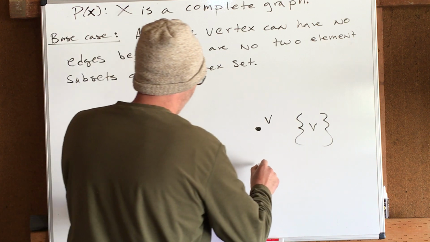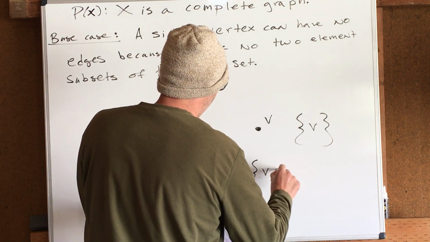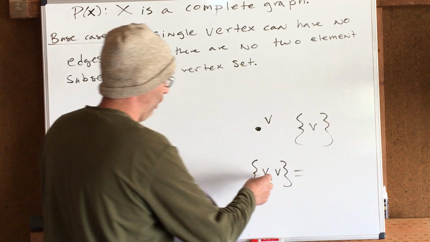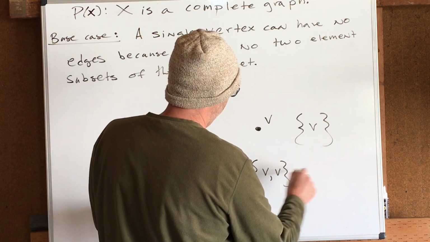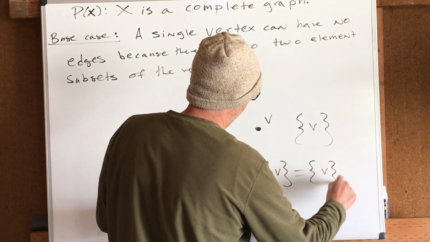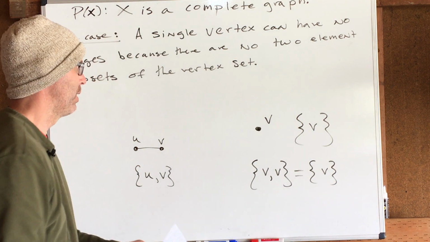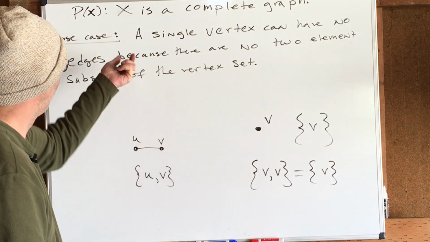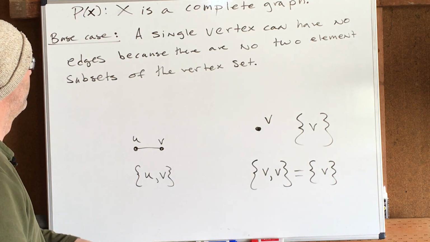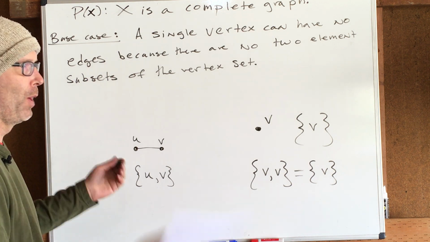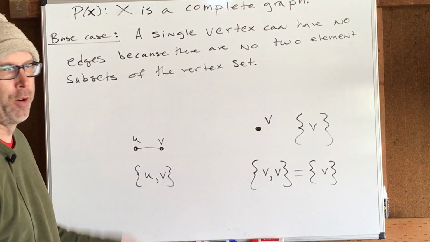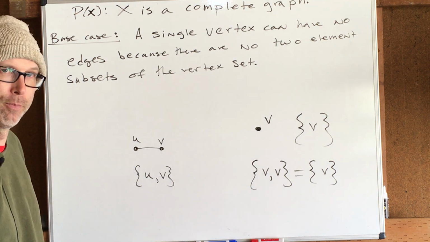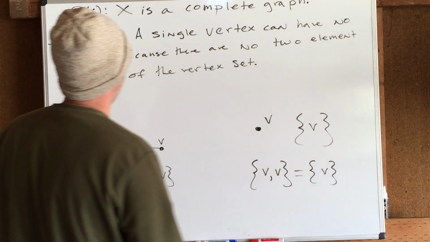Because if you think about it, remember in set theory, this is the same set as that. So there really are no two-element subsets of the vertex set, and therefore there are no edges. A complete graph has all possible edges. Well, there are no possible edges for a single vertex, so it has all of them.